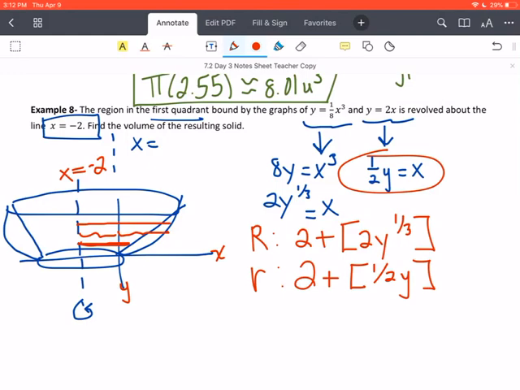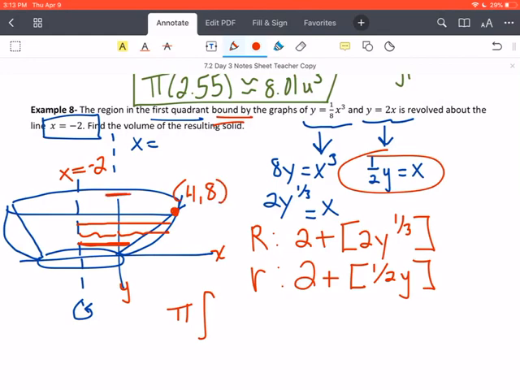So now I have to think about when I set up my integral. Because they didn't tell us the bounds, we look at the point of intersection. Always know on your graphing calculator how to find this, but the point of intersection is 4, 8, so what number do we use?